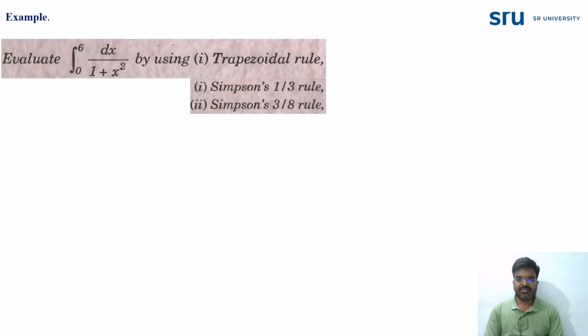Here we have one example. By using trapezoidal, Simpson one-third and Simpson 3/8 rule, we are solving one integration. You have to observe that. What are the integral limits? Here, integral limits are x equal to 0 to x equal to 6.